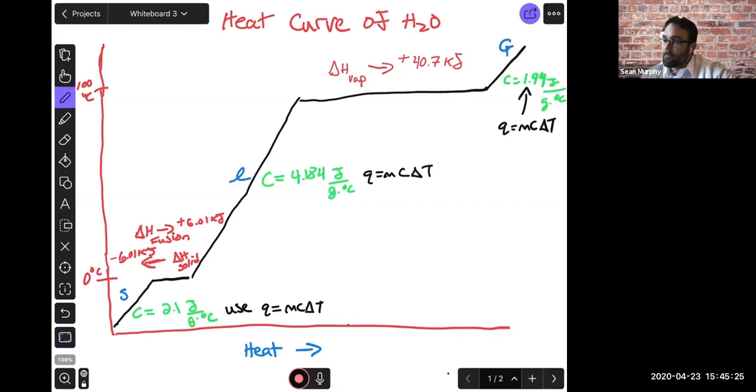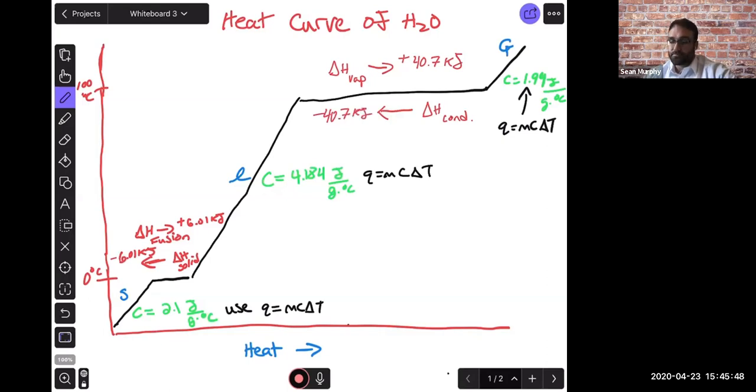Conversely, going in the opposite direction, we call this the delta H of condensation. How much heat is released during condensation? Instead of positive, it's going to be negative 40.7 kilojoules.